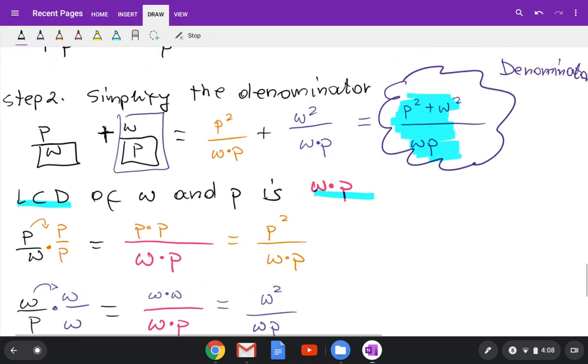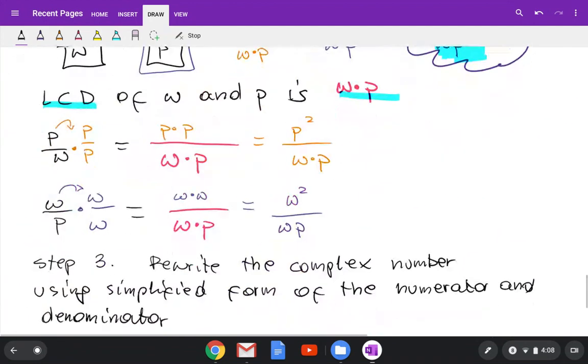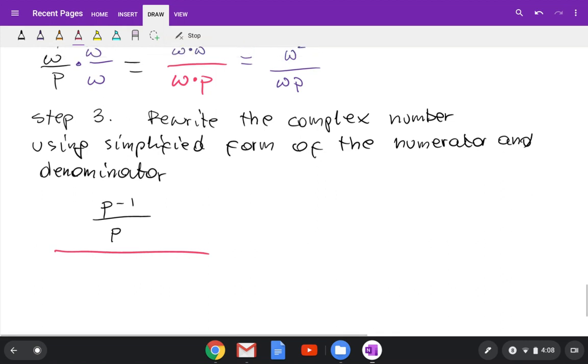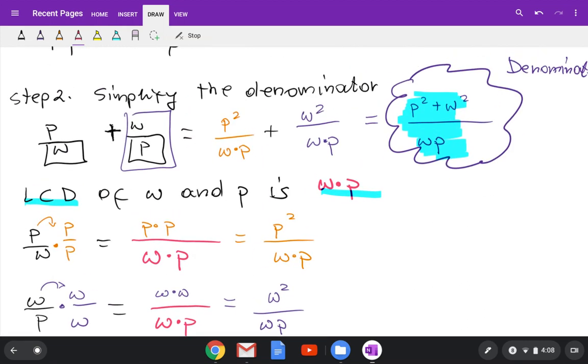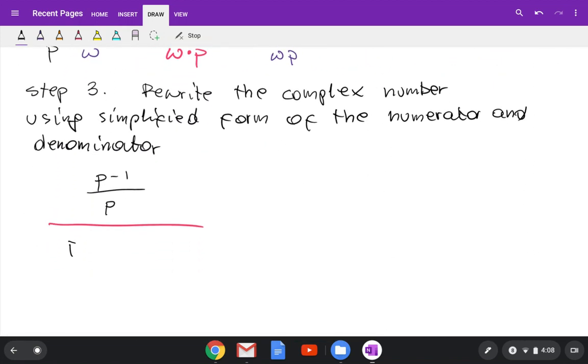Numerator, we have p minus 1 over p. Fraction bar. The denominator is p squared plus w squared over wp. So we rewrite the complex fraction using the simplified form of numerator and denominator.